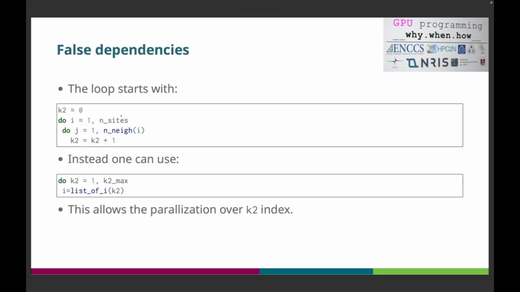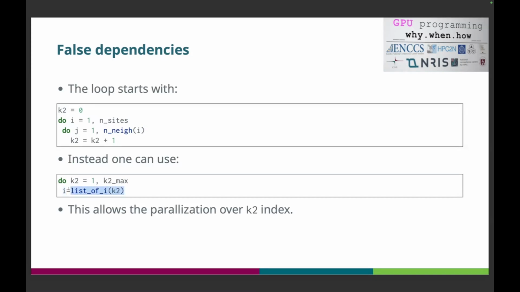But first step is that in order to rearrange this loop, we need to get rid of this false dependency. What I do here is construct a list of indices, and then I replace these two loops with just one loop. So now k2 goes from 1 to k2 max, and from time to time I also need this variable I, but now I have a list of these indices, and I can retrieve it.